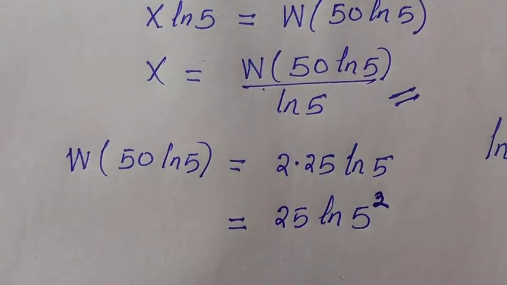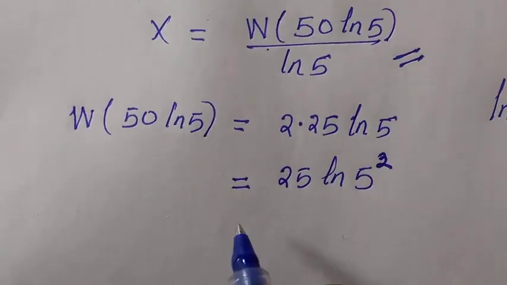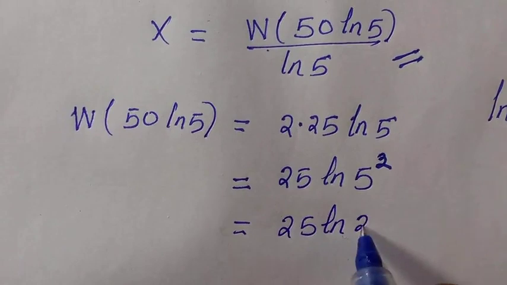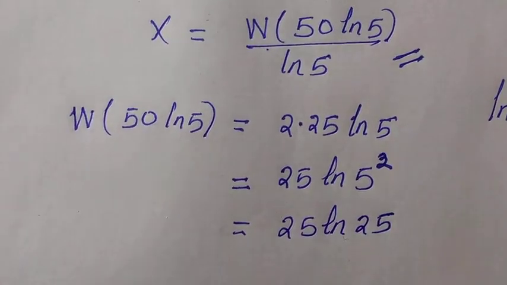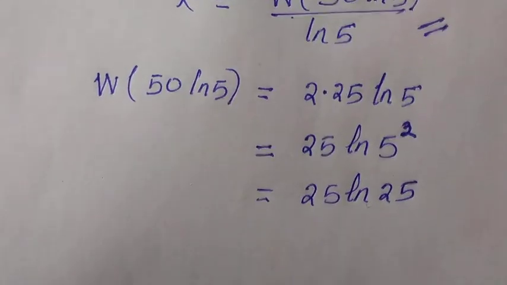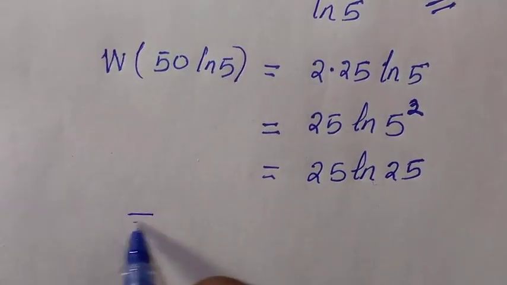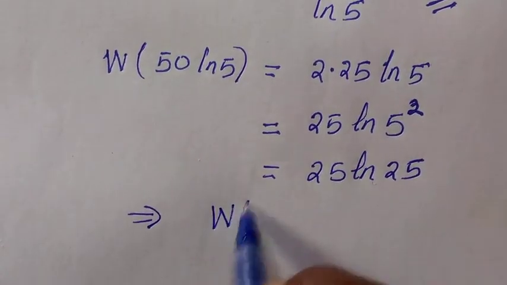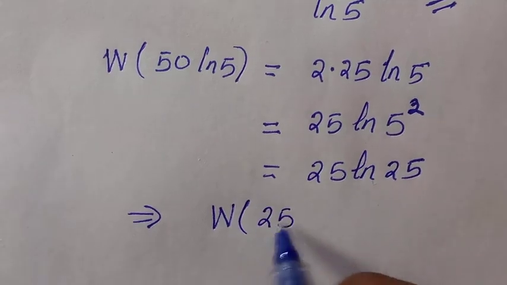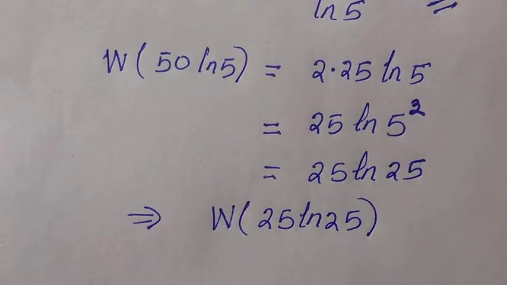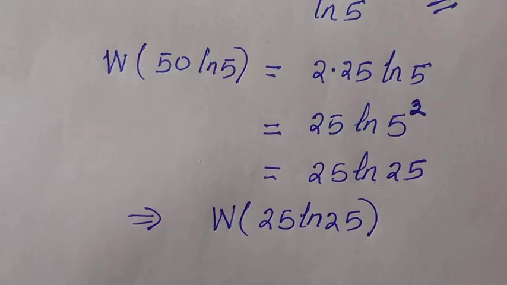So we have this as 25 ln 25, which the whole of this is still in this function, omega. It implies that we have omega of 25 ln 25. But this 25 ln 25, I want to do something here.